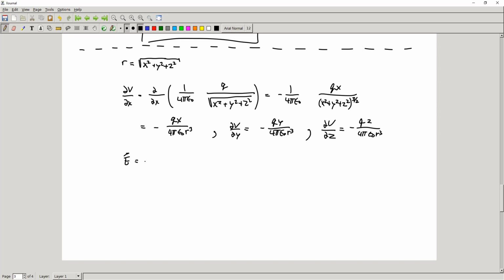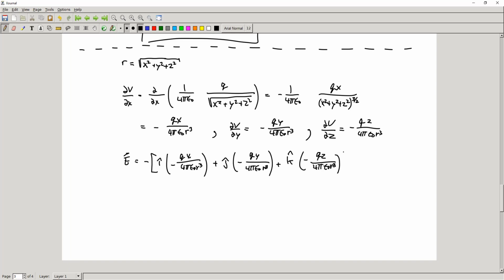We would end up with minus i hat, and now I would just copy in this negative, q x over 4 pi epsilon naught r to the 3rd, and then plus j hat, minus q y over 4 pi epsilon naught r to the 3rd, plus k hat, minus q z over 4 pi epsilon naught r to the 3rd, right?